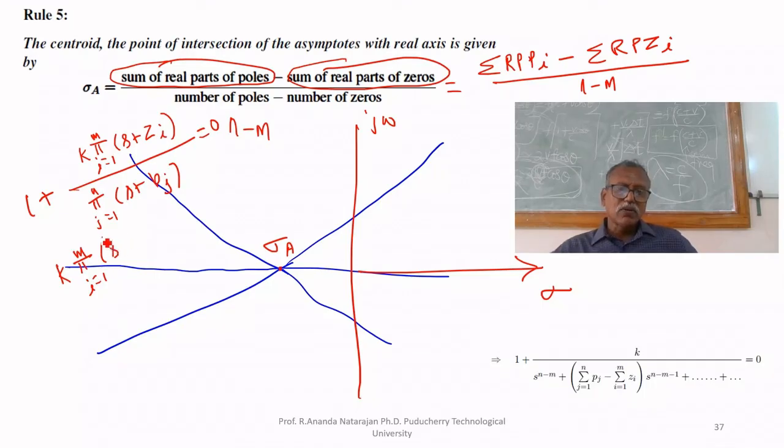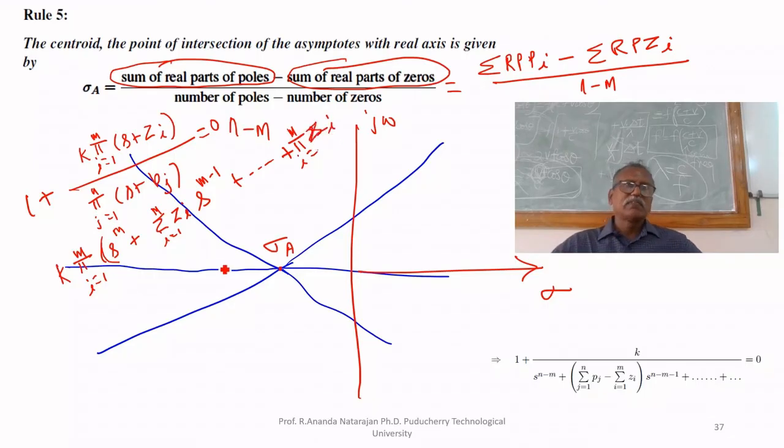The numerator can also be written as s power m plus sum of z i, i equal to 1 to m, times s power m minus 1, plus etc., plus the product of all z i's.